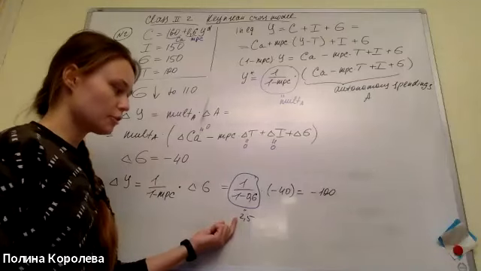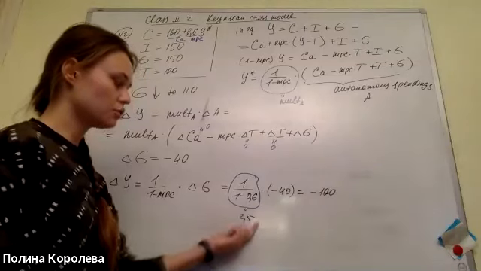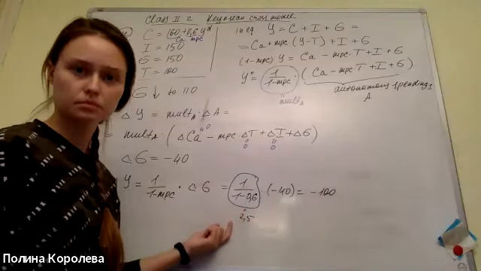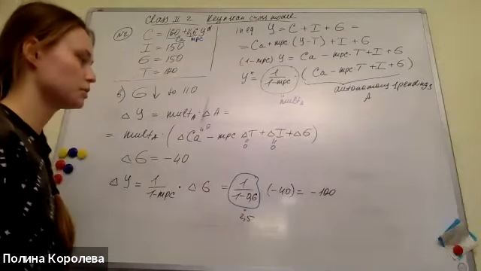What that means? That means that if we increase government spendings by 1, then GDP will increase by 2.5, because we have multiplier effect.